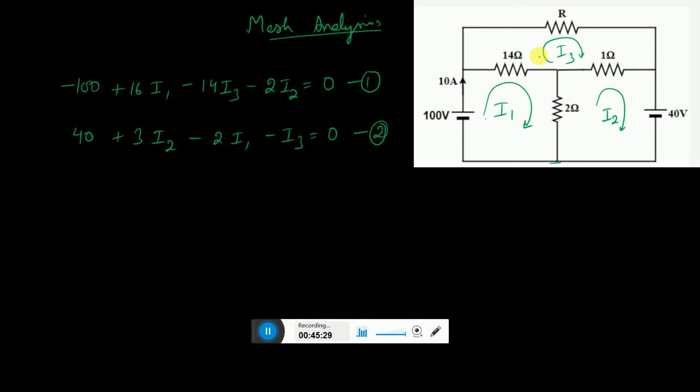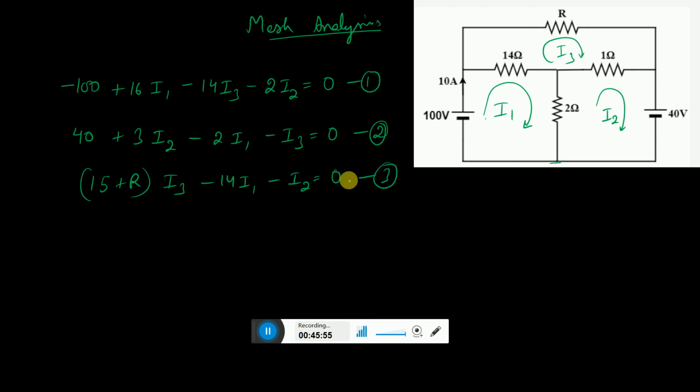Then for mesh 3, there is no voltage source over here, so simply add all the resistances: 14 plus 1 is 15, so 15 plus R times I3. Then in this mesh 14 is shared with the other one, so minus 14 I1, and 1 is shared with the other one, so minus I2, equals 0.